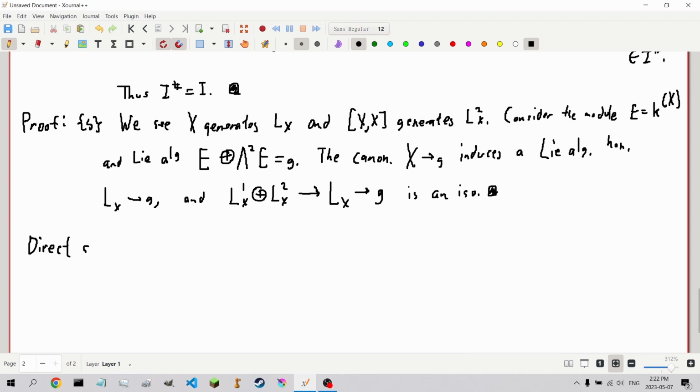A direct system. This is once again from a different source, so it's going to have different notation.